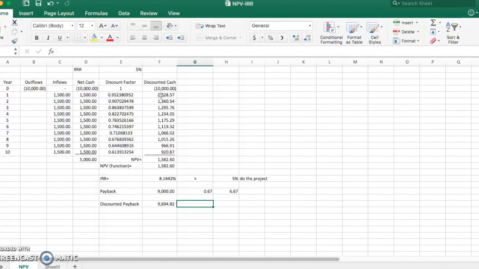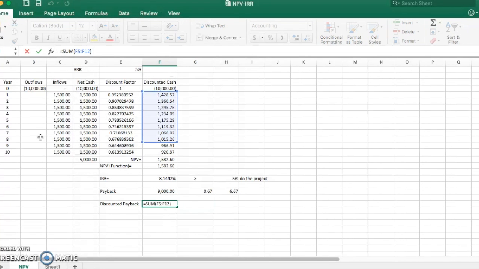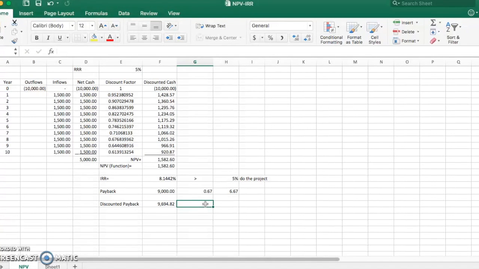Again, I believe we did that through year 8, correct? So in year 9, you are going to need to get an additional $305.18. And in year 9, your discounted cash flow is 966.91.